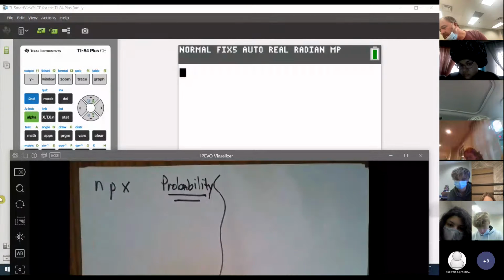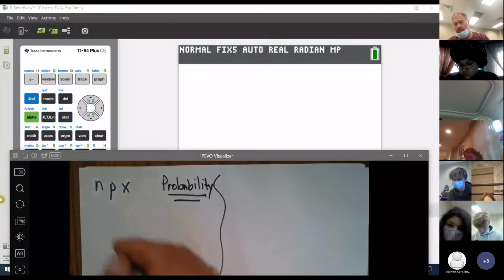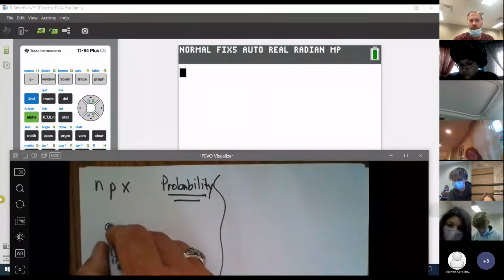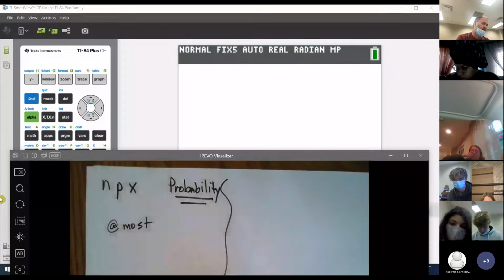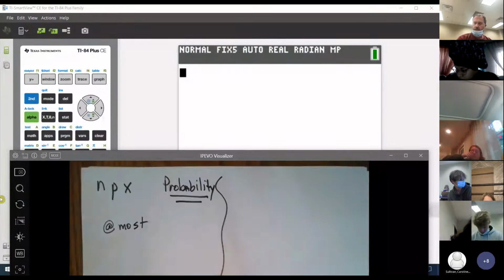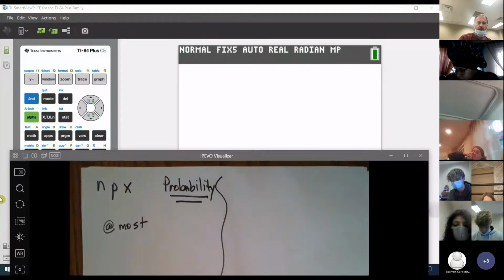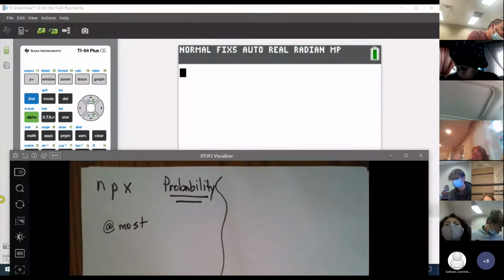And you need to know your inequalities. You need to make sure you know what at most means. At most means that your highest number is that number. So at most 4 would be 4 or less.